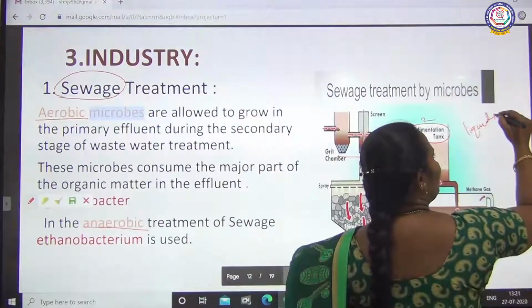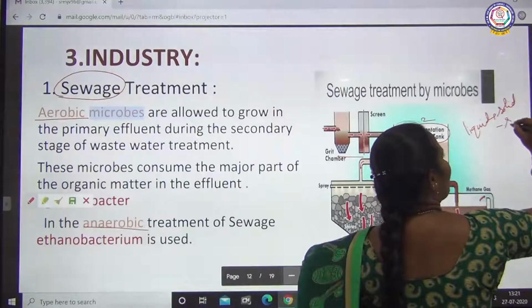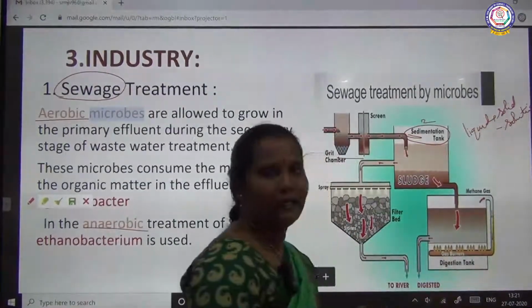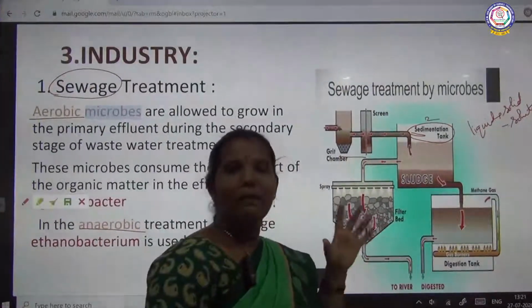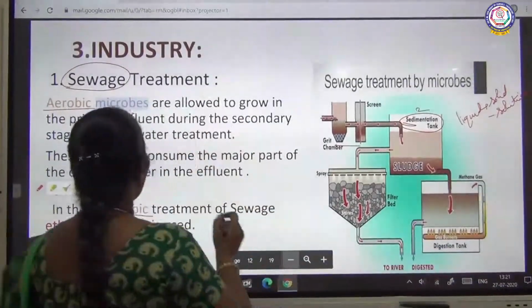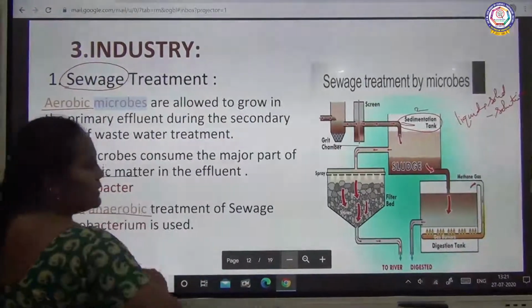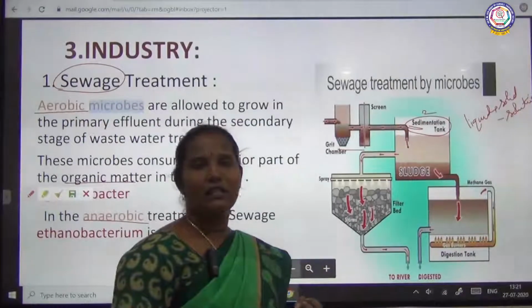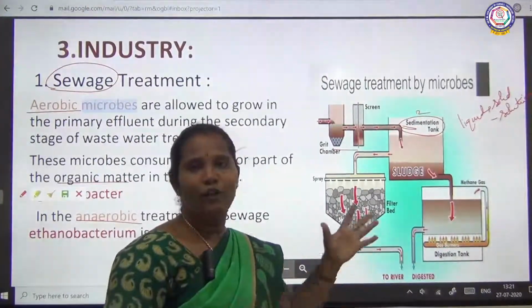In the same way, wastewater contains many organic matters, soil particles, dust particles, some minerals, some salts, many things added into that water.